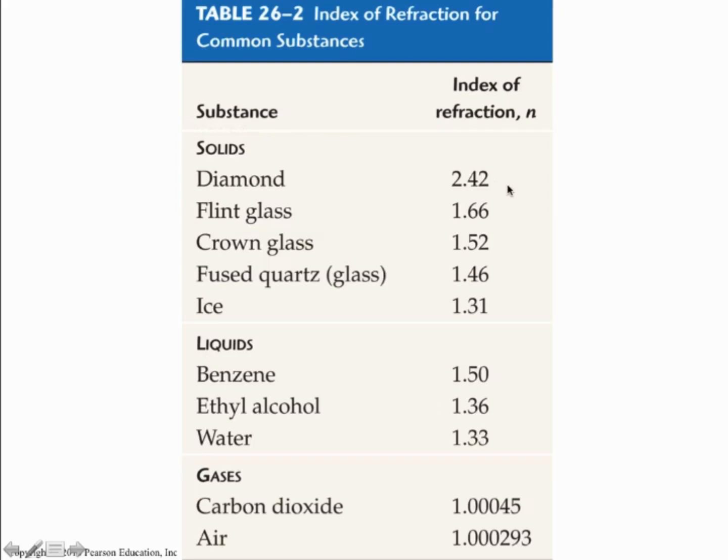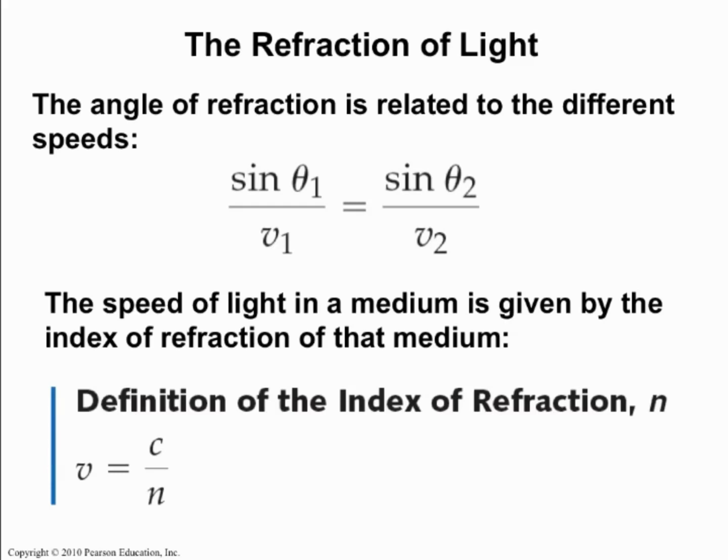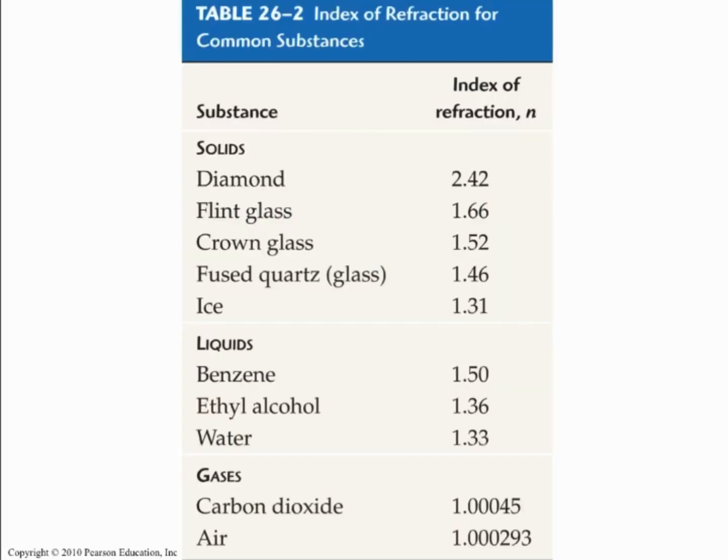All right, so let's go back here. If the N of diamond is 2.42, that means that light traveling through a diamond is C over 2.42, or 1/2 C. In fact, it's right about 1/2. It's a little less than that, because 1 over 2.42 is a little less than 1 over 2, right?